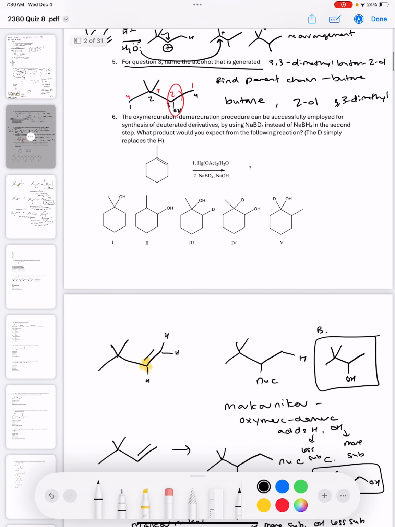Okay, oxymercuration demercuration can successfully be employed for making deuterated derivatives. So what deuteration is, basically, it's an isotope.